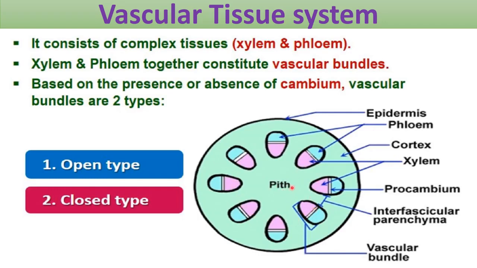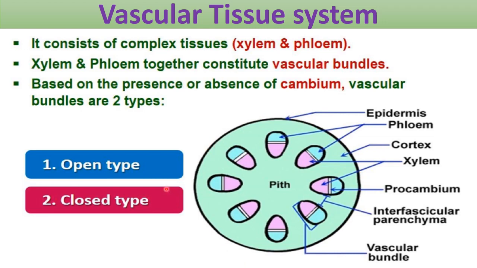And in the center this pith part also contains cells which are part of the ground tissue system, right? So all this is ground tissue system that you can see here. These are vascular tissue system and this outermost is the epidermal tissue system.